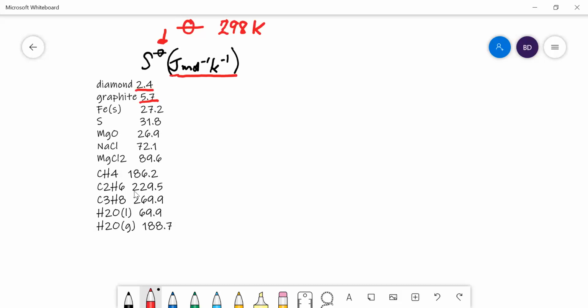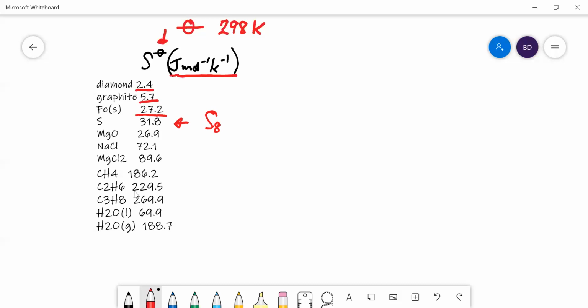Okay, so moving on to iron, a metal. Fairly highly ordered metallic lattice, so that's pretty low. Sulfur: this is per mole of sulfur atoms, but it's actually S8, a reasonably ordered structure, the S8 molecules all held together by van der Waals forces in a crystalline manner. That's quite low.